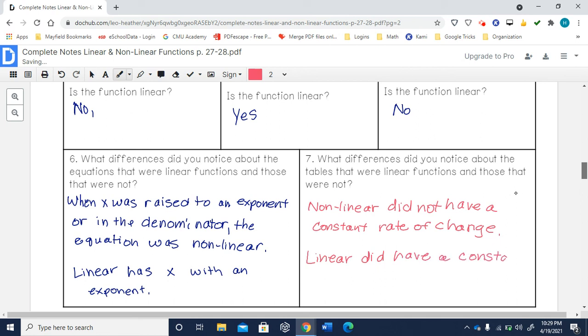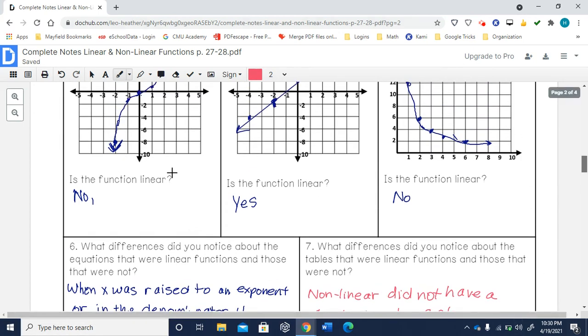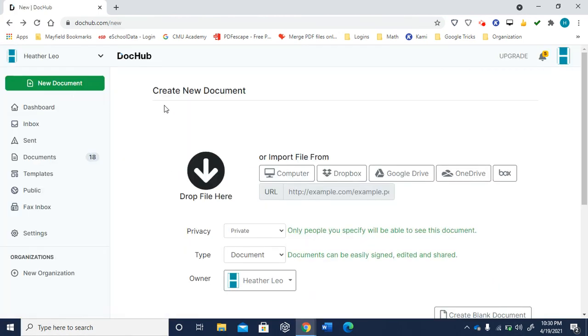So in most of these cases, on your homework, you're going to graph them. So you're going to be looking at them, and after you graph them, deciding if they're linear, a straight line, or nonlinear, making a curve.